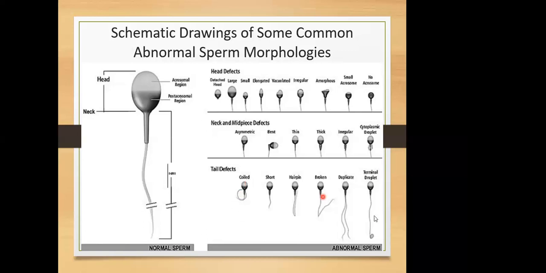These are our pictorial forms, but I'm sure this cytoplasmic droplet is not abnormal in itself. But if the cytoplasmic droplet becomes larger than expected, then it becomes excess cytoplasmic residual. Okay, excess. Then that's no longer a cytoplasmic droplet.